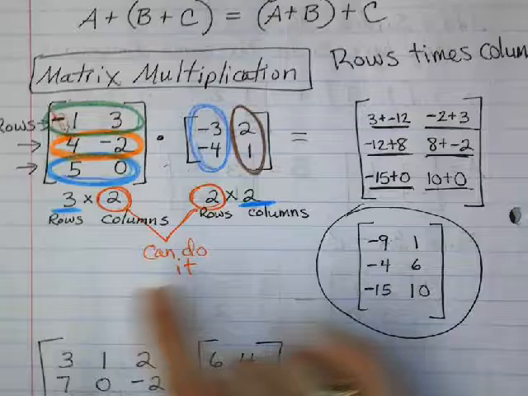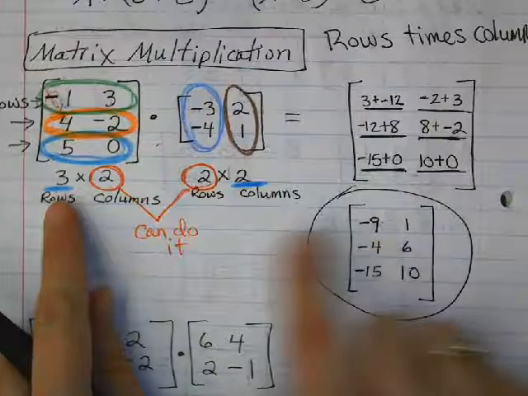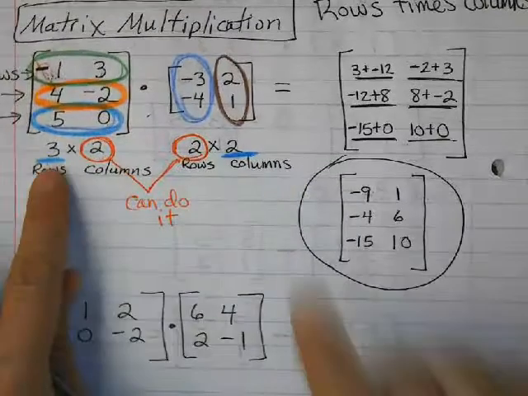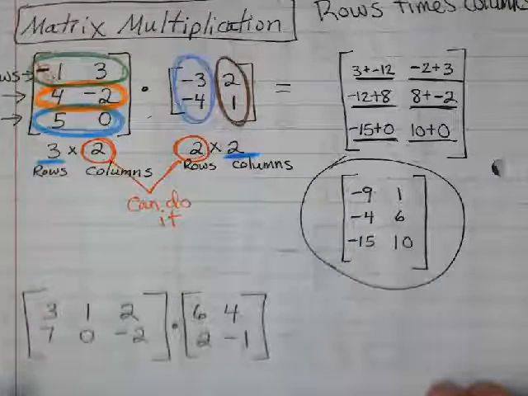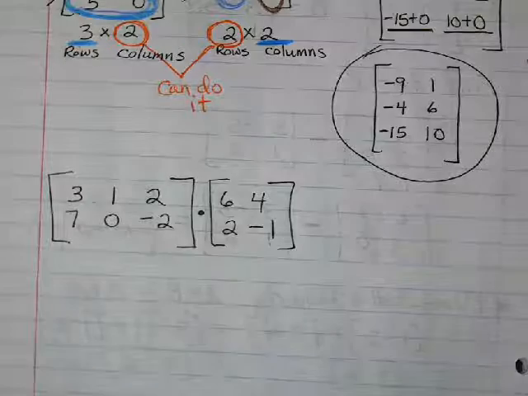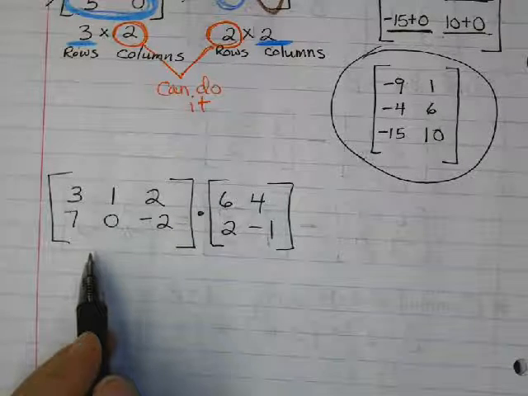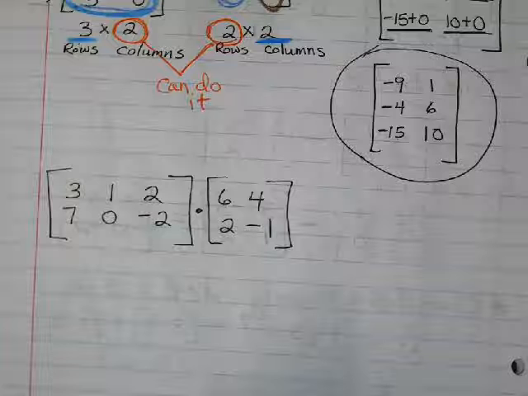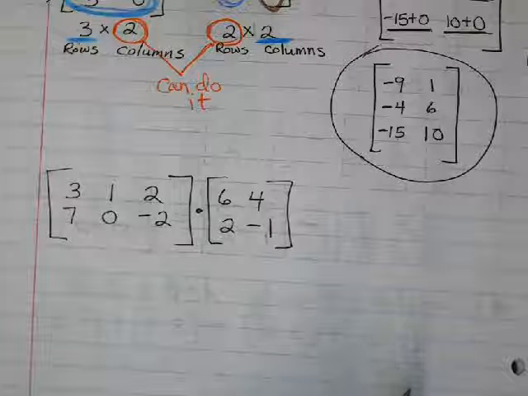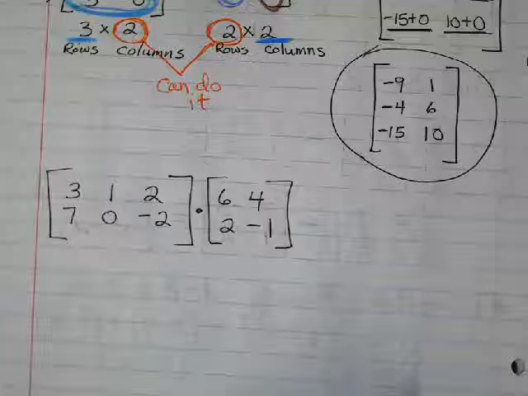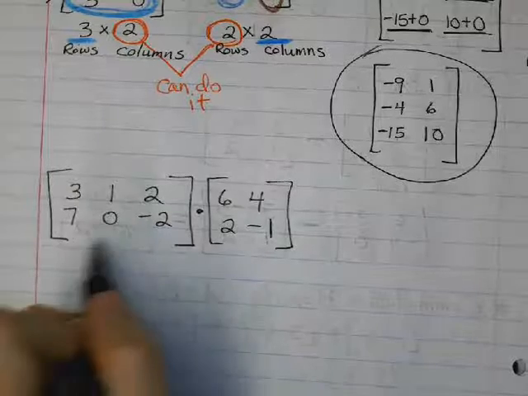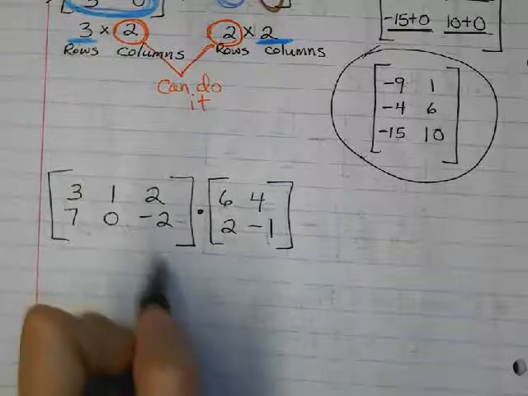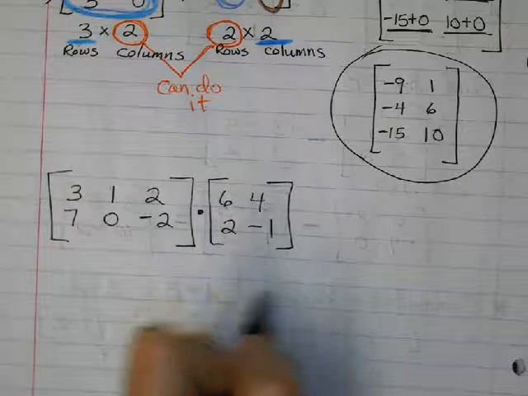In the last one we did get a 3-row, 2-column matrix at the end. So let's write down what sizes you think these matrices are, and then we'll see what size the answer matrix is going to be. Think about it for a minute. What size is this matrix, what size is this matrix?